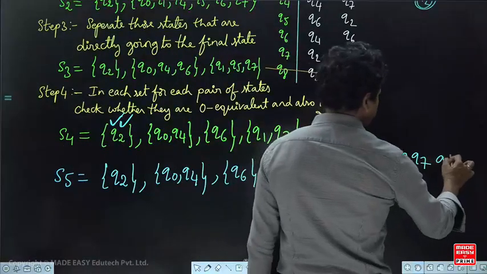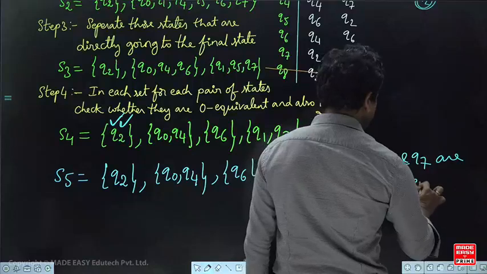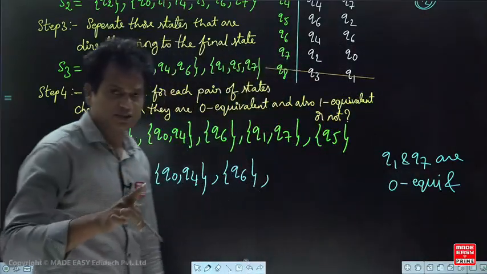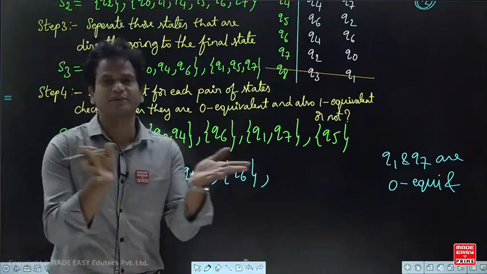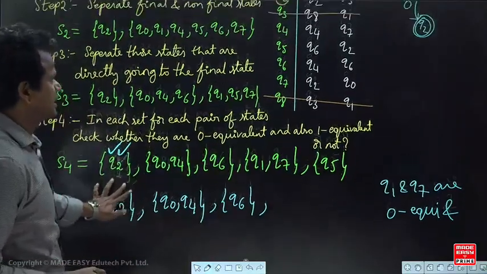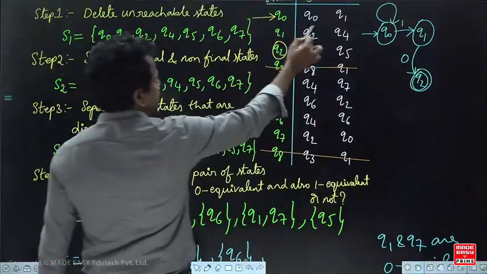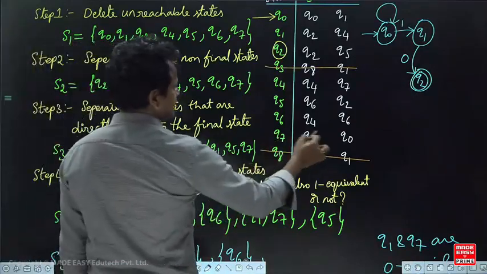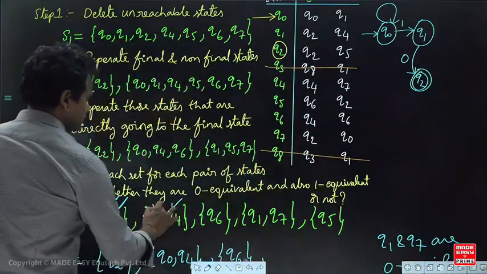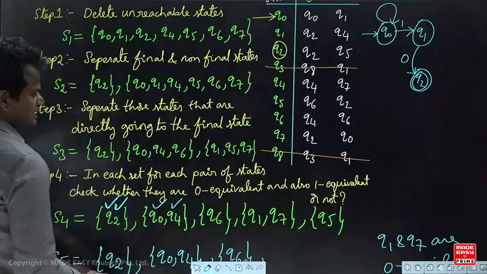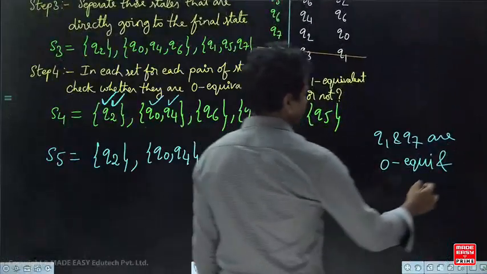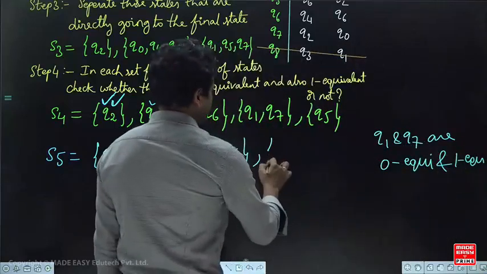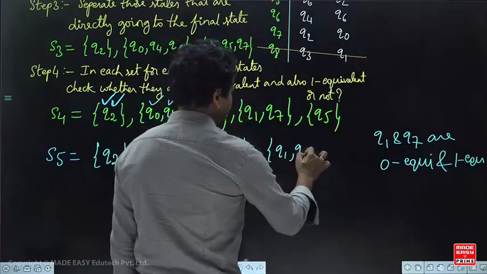Are you following? Therefore Q1 and Q7 are 0 equivalent, and I will check for 1. For 1 also equal, then only I keep them, otherwise I will separate Q1 and Q7. Q1 on 1 gives Q4, Q7 on 1 gives Q0. Q0 and Q4 are in the same set. Therefore Q1 and Q7 are 0 equivalent and also 1 equivalent, so you cannot separate Q1 and Q7.